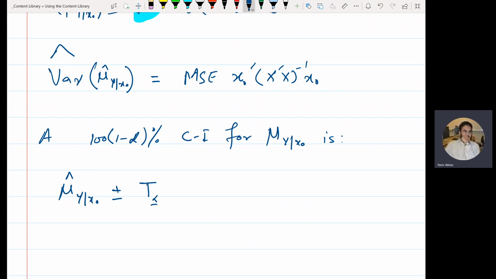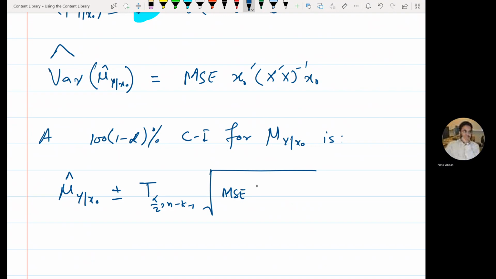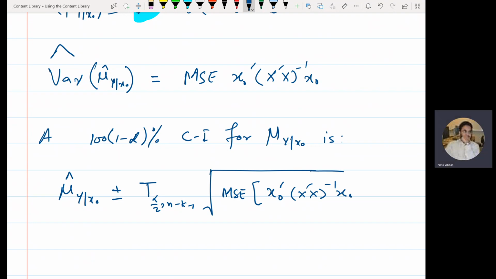So here I'll add t alpha by 2 with n minus k minus 1 degrees of freedom times the square root of the variance, which is what? MSE times this. And this is what we will use whenever we need the confidence interval for the mean of y when x is x naught.